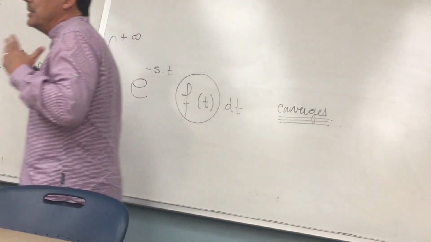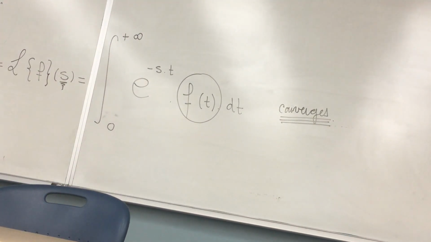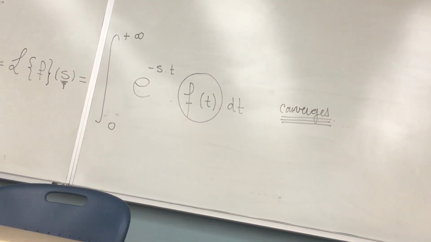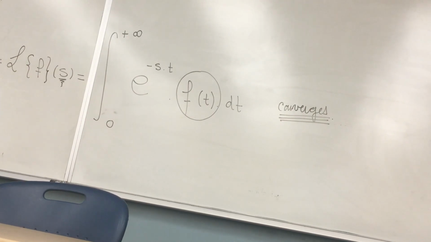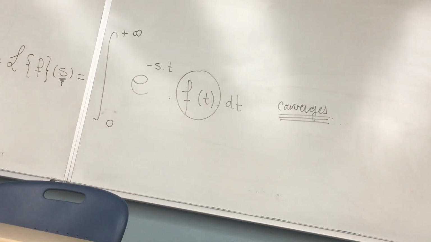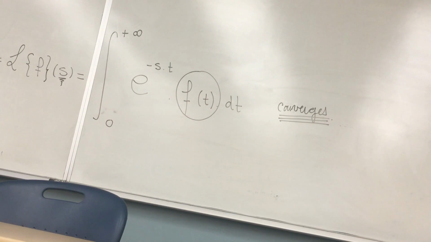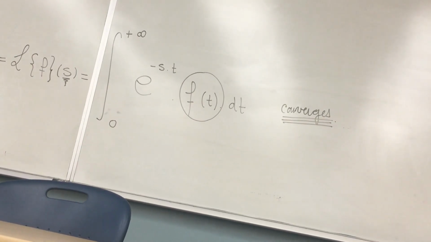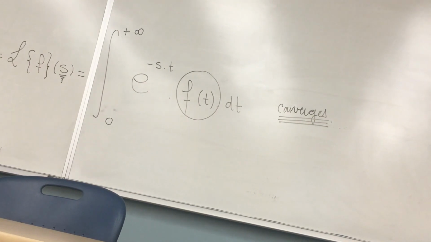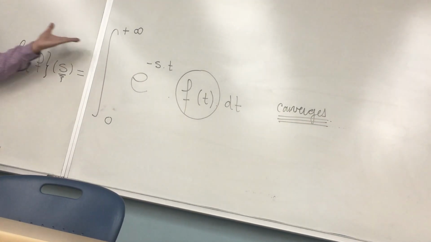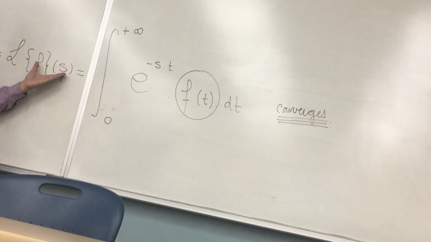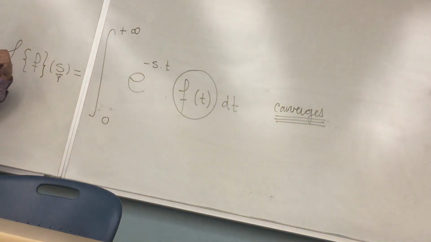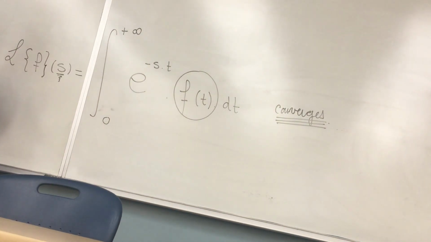So meaning the fact that it's improper integrals, those improper integrals in general, as we saw in calculus 2, could be convergent or divergent. It means in the context of the Laplace transform that there might be functions for which this improper integral converges for values of s, and the Laplace transform exists.